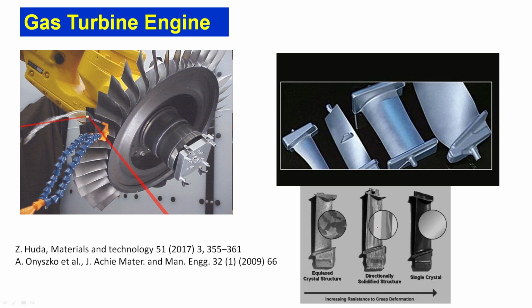The best application requires the use of single crystal superalloys. That is the key aspect. These blades are of a dimension of a meter; they can be 60 to 70 centimeters in some cases, but can go up to 1 meter also. That is the dimensionality of these components.